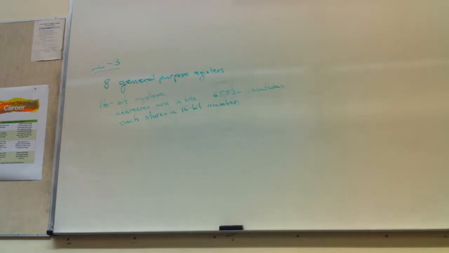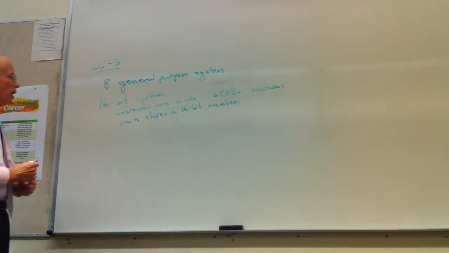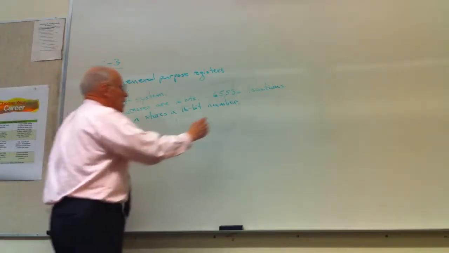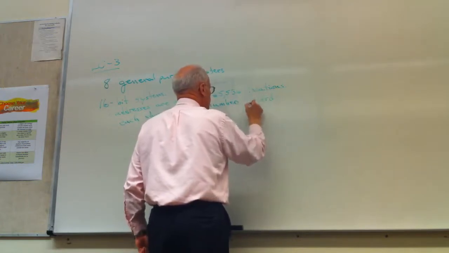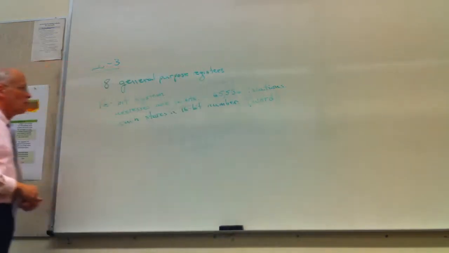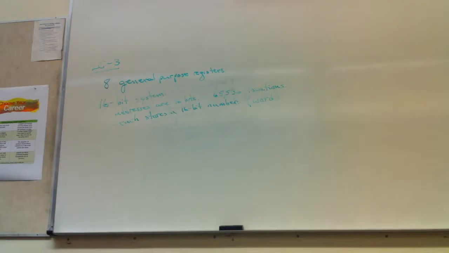Now there are some reasons for that, and you'll see that as we go through here and work with this, we pay a bit of a price for not doing that here. This 16-bit number is called a word. And so this system is word addressable, not byte addressable. You cannot reference individual bytes directly.